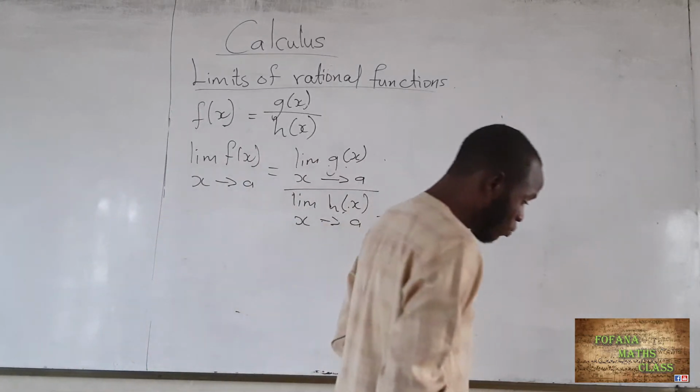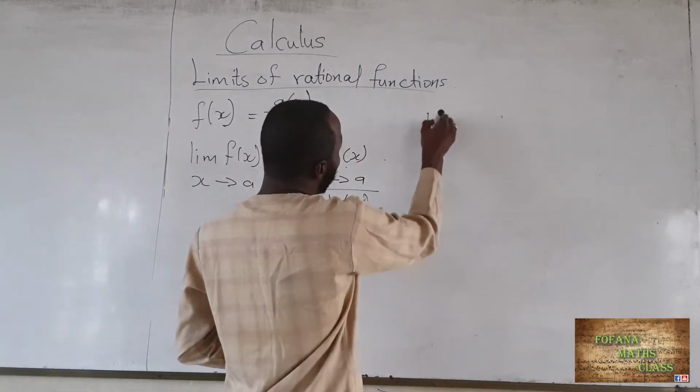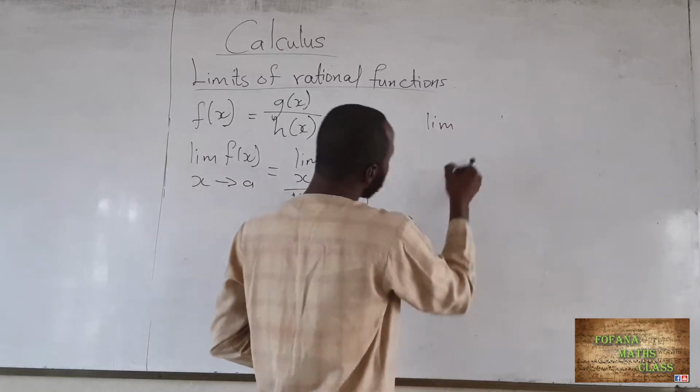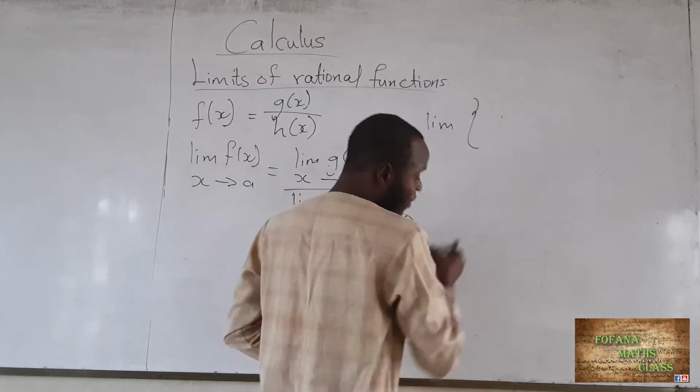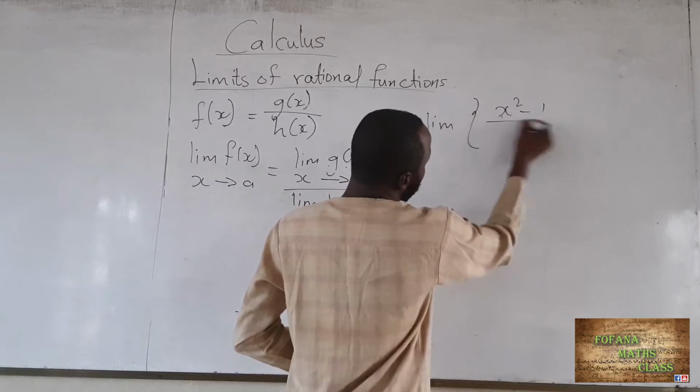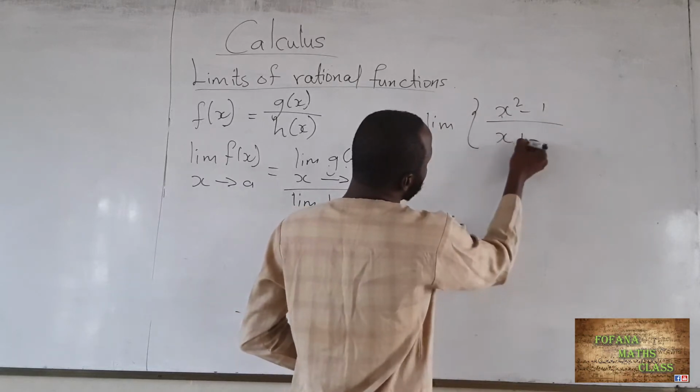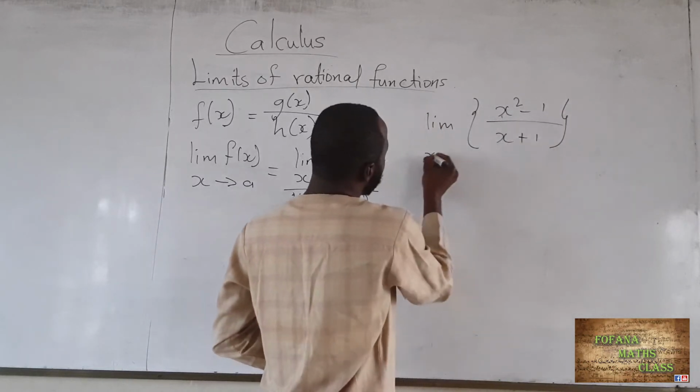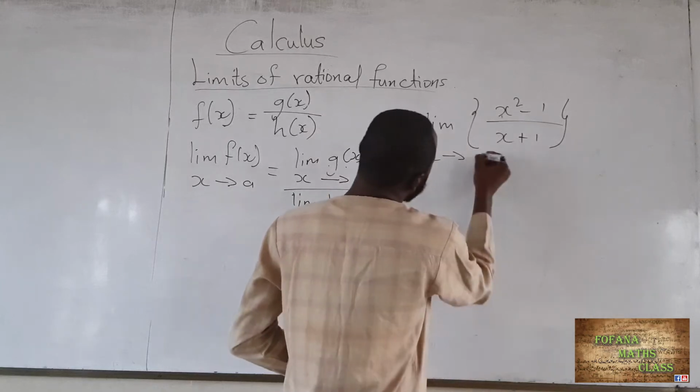So we have an example here: the limit of the function x squared minus 1 over x plus 1, as x approaches -1.